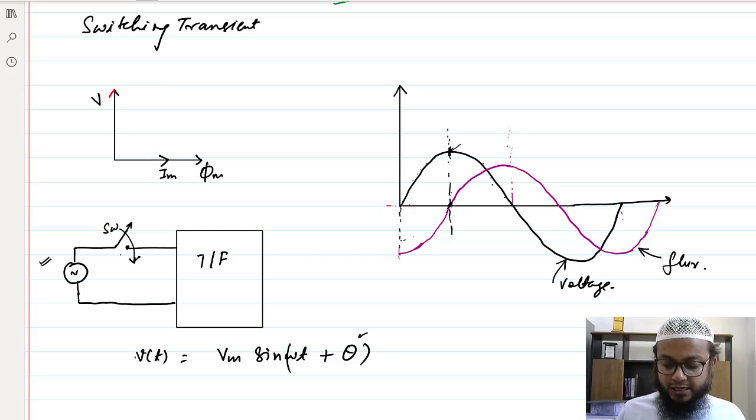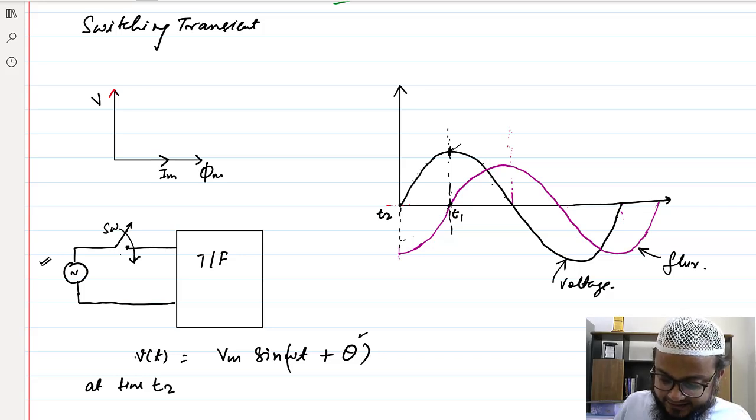But if we turn on at, let's say, this moment, this is T1 and this is T2.